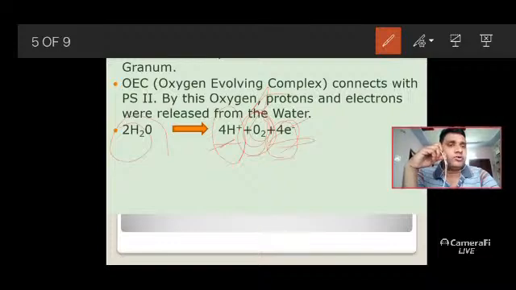During the time of light, water breaks down into oxygen and protons and electrons, which are involved in the next reactions in photosystem 2 or photosystem 1. But this oxygen is released outside from the plant. This is called photolysis of water.